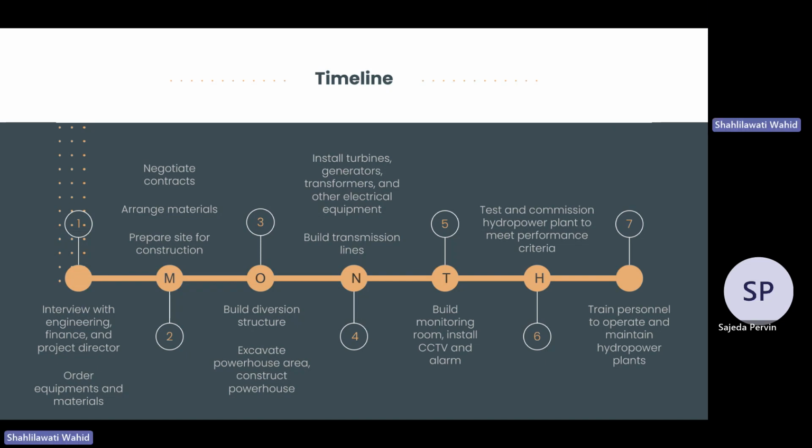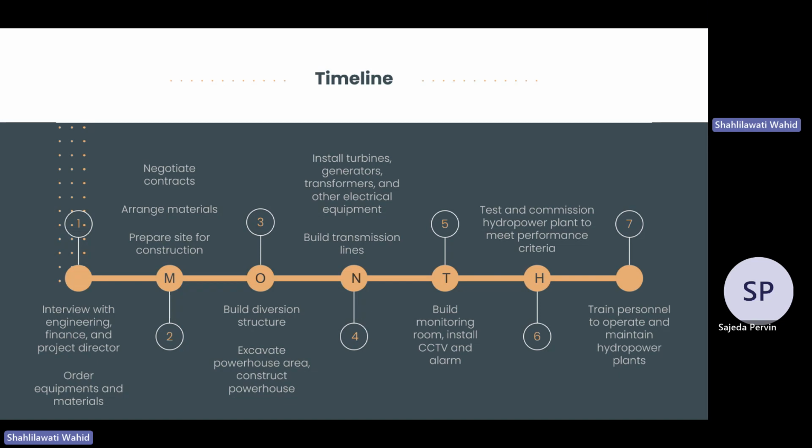In these 7 months, we will be having interviews with the engineering, finance, and project director, and also arranging materials, excavating the powerhouse area, and installing other items like electrical equipment. And also installing CCTV and alarm to keep an eye on the GWVPP.